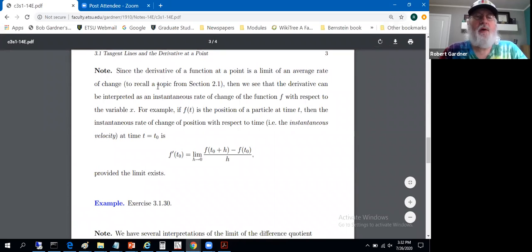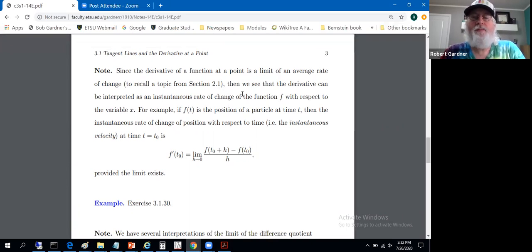Okay, derivative of a function at a point is a limit of an average rate of change. That's how we inspired this stuff in section 2.1. So we see that the derivative can be interpreted as an instantaneous rate of change of the function f with respect to the variable x. To make it more physical, and you'll use this in physics a bunch, talking about positions and velocities and accelerations eventually.